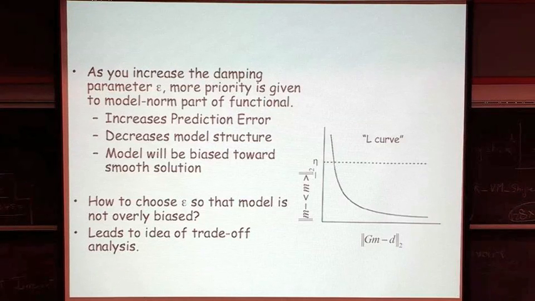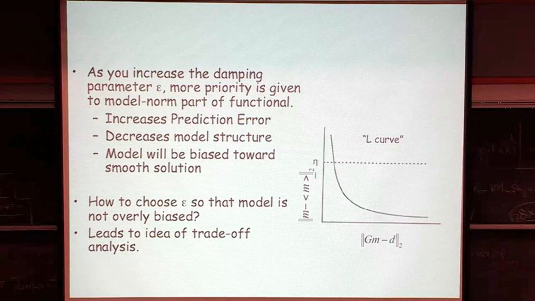If you choose it to be very small, then you're favoring fitting the data. As you increase this, you will favor having a small norm of the model, right? Because you're trying to minimize the misfit plus epsilon squared times the norm of the model. So epsilon is a weight for these two quantities.